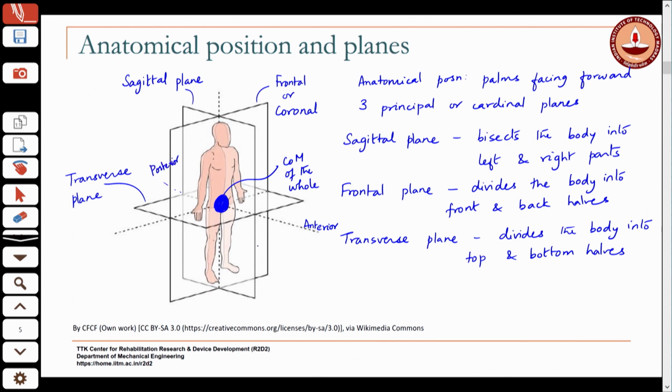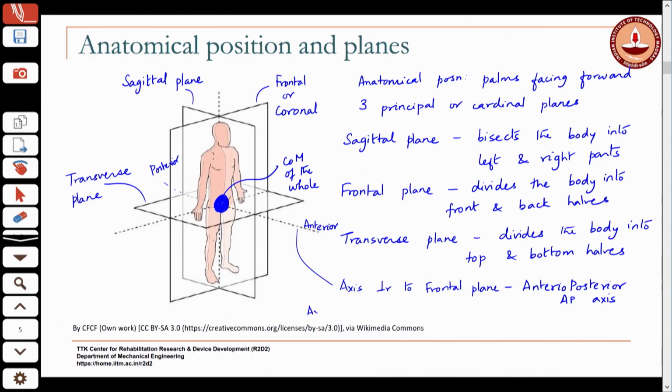So, this axis that is perpendicular to the frontal plane is called the anterior-posterior or AP axis. So, when we talk about the AP axis, we are talking about an axis that goes from the front to the back. Okay. That is the axis perpendicular to the frontal plane.